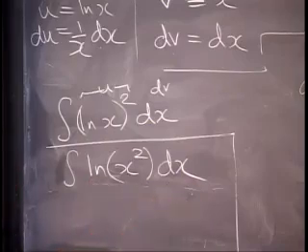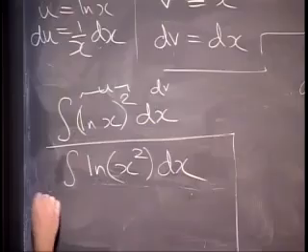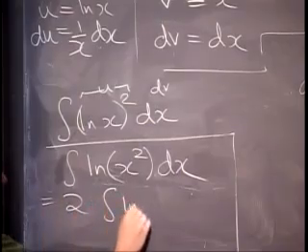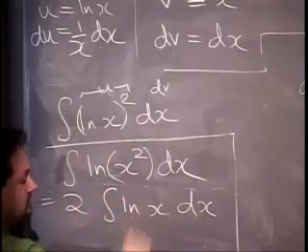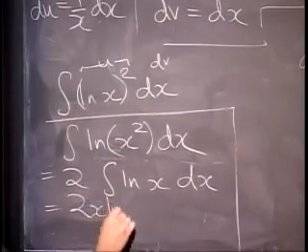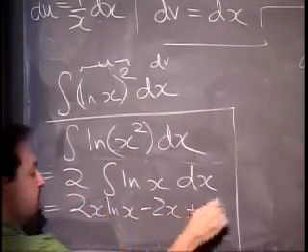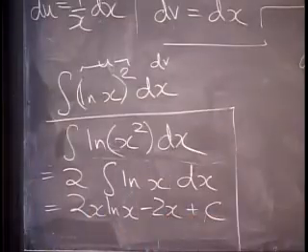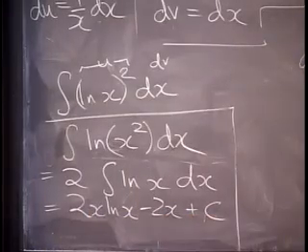But there's an even cleverer, sneakier way that you can do this. Anyone think of the sneaky way? Yep. Put the 2 out the front. Use the log rules. And we've just done that. In fact, it'll be 2x log x minus 2x plus a constant.